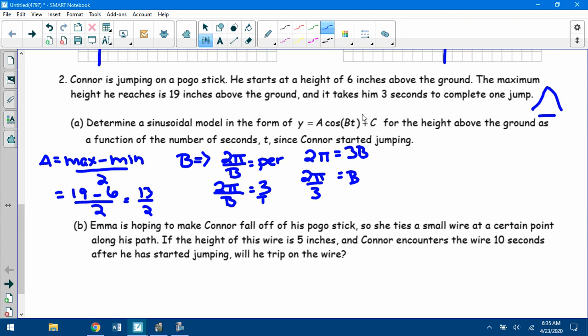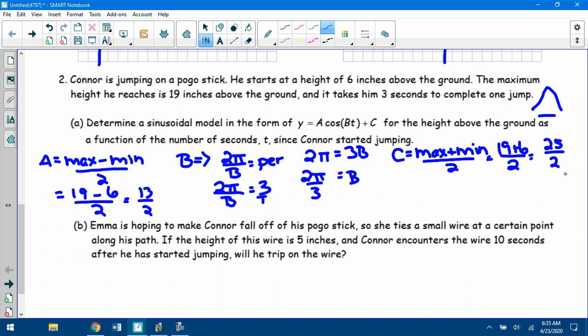Okay, and then finally we need c. So if we're going to look for c, we want the midline, which is max plus min divided by 2. So it's going to be 19 plus 6 divided by 2, which is 25 over 2, or 12.5.